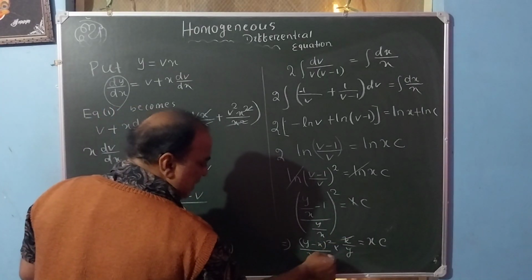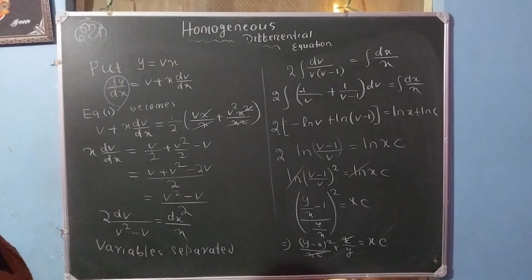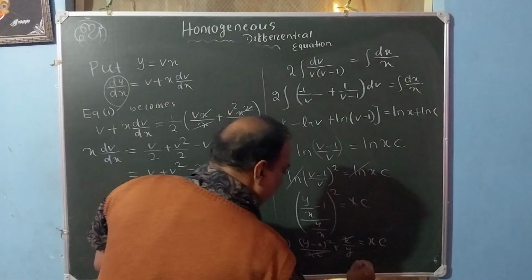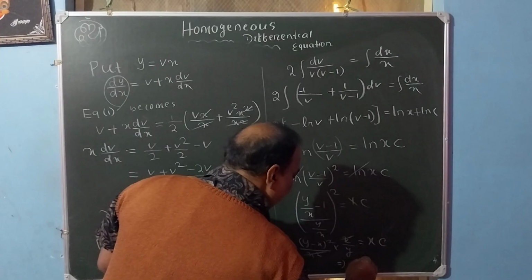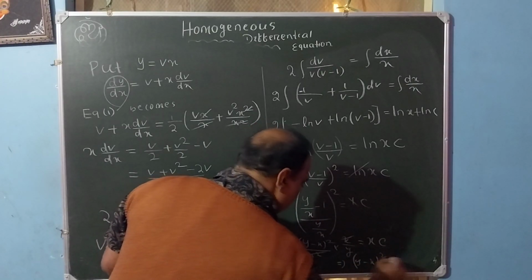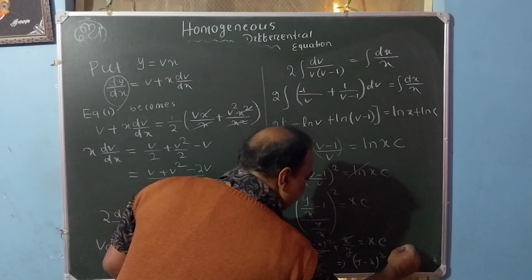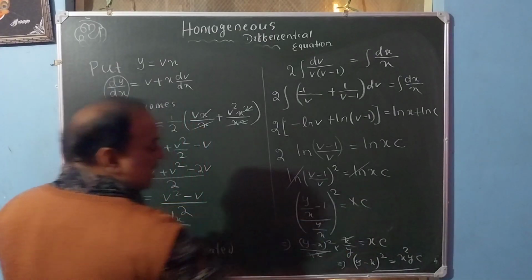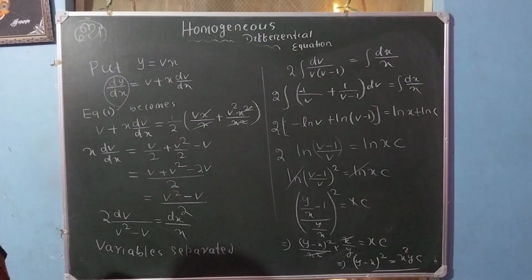So x, here 1 x cancelled. We get the result as, write down, y minus x whole square is equal to x square y into c. x into y multiplied there. So the result is coming like this.